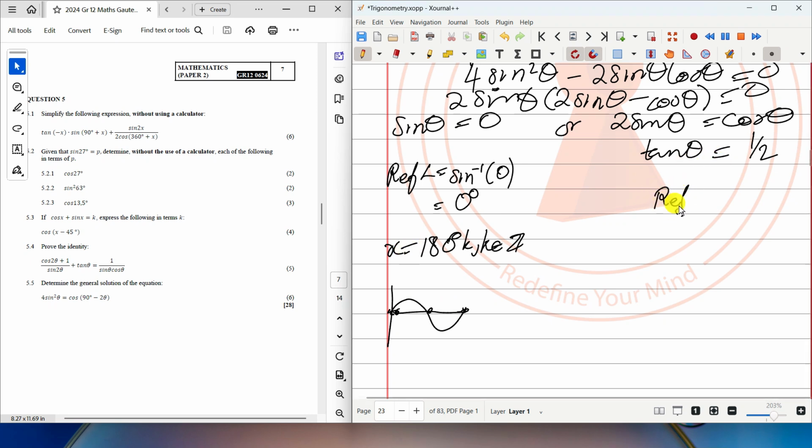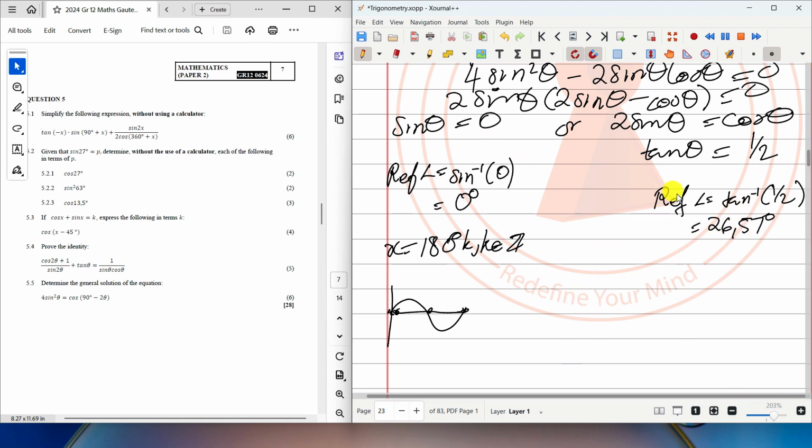Our reference angle here is tan inverse of half. What is tan inverse of half? Second function times 0.5 will be 26.57. So this is 26.57 degrees.